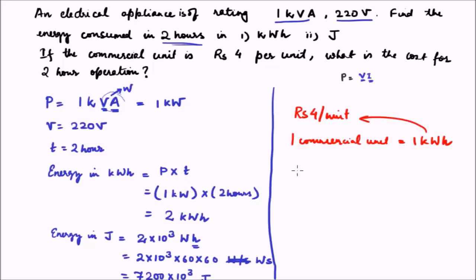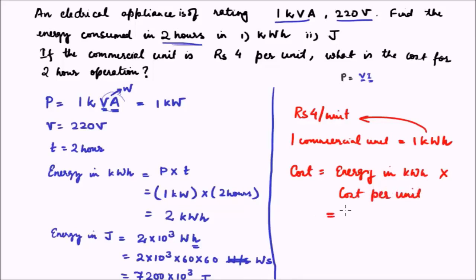Therefore, the cost will be equal to energy in commercial unit or in kilowatt hour multiplied by cost per unit.